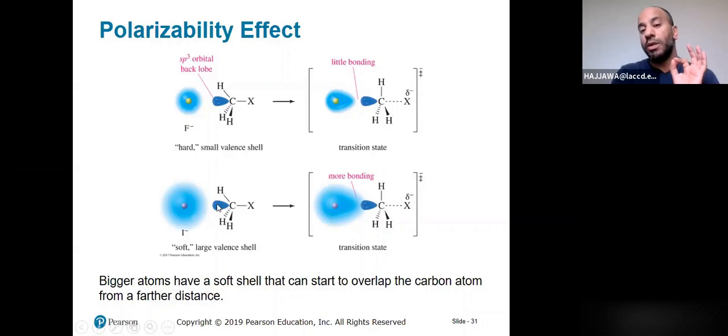And that's what helps in the formation of the nucleophilic substitution product. So the more polarizable, the bigger the atomic size, the softer it is as a nucleophile. And the softer it is, the faster it will overlap with the back lobe of the carbon's empty orbital, and that will basically help in the formation of the nucleophilic substitution reaction.